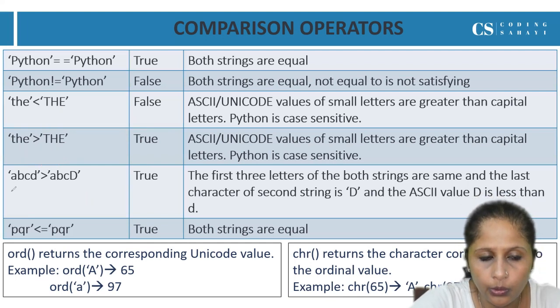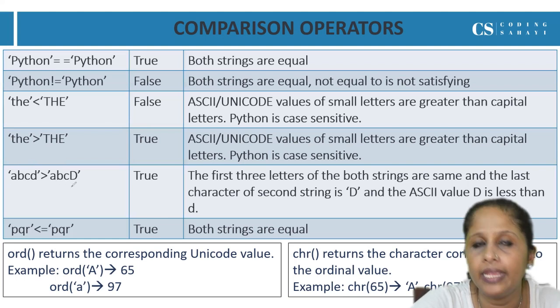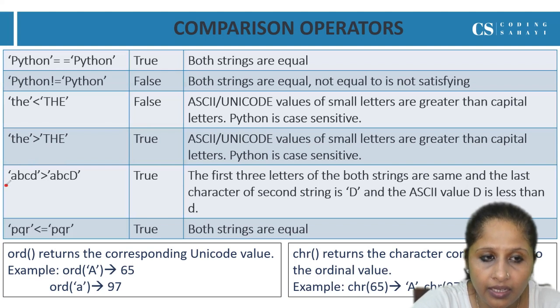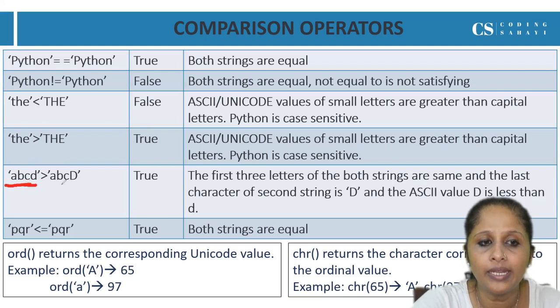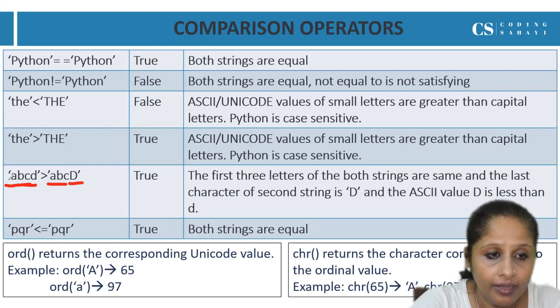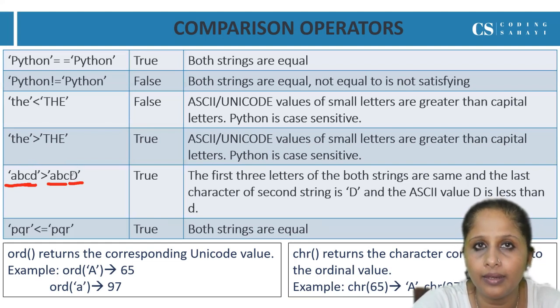In this example, you can see "abcd" greater than "abcD" that I am writing. Here the first string has 4 small letters, and in the second there are 3 small letters and the last one is a capital letter. Python considers them as 2 different strings. Here "abcd" is all small letters, and here this D is a capital letter. That's why you are getting a true value.